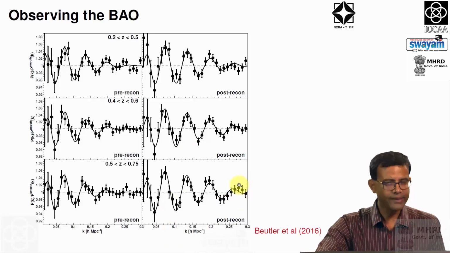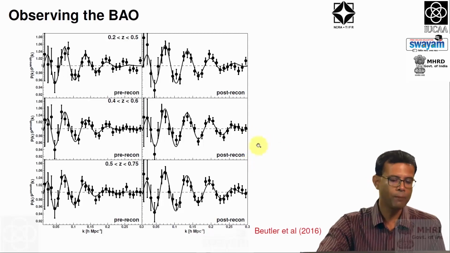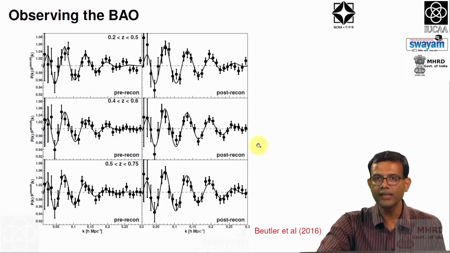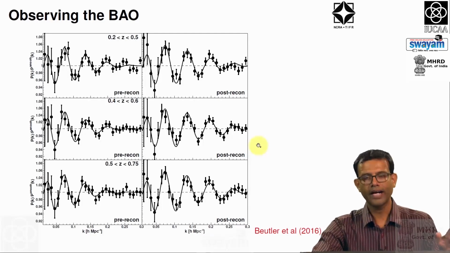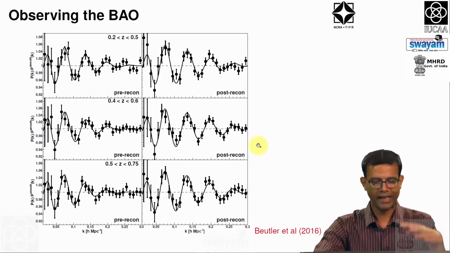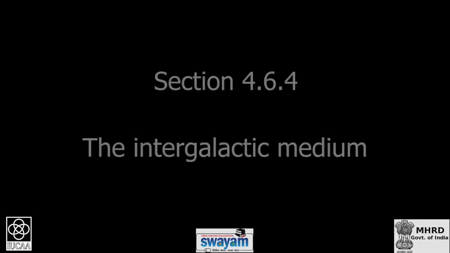This is a big success for the theories of structure formation, the fact that we can now understand how the large scale structures formed starting from the CMB. Let me just reiterate, the basic concept here is still the gravitational instability, and everything else is details of the mathematics and so on.